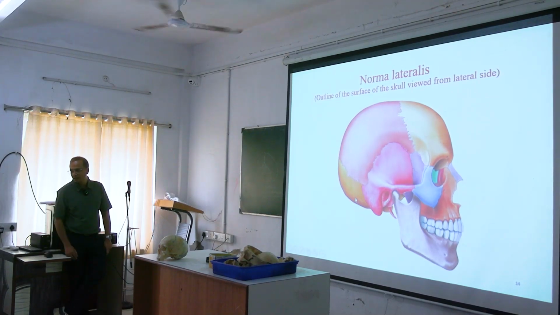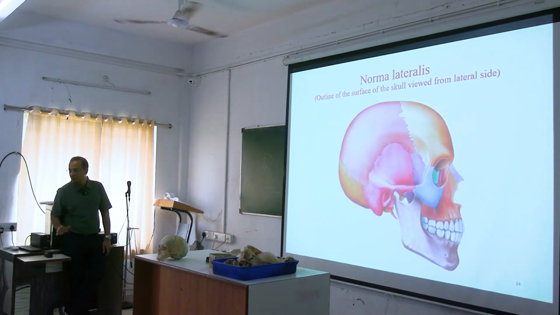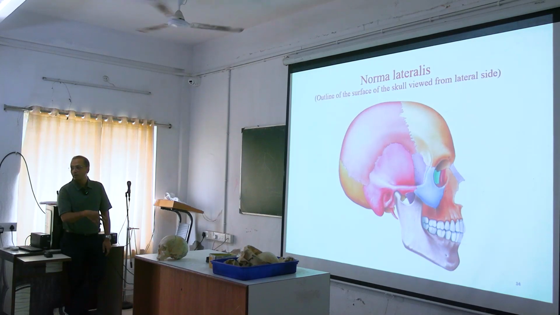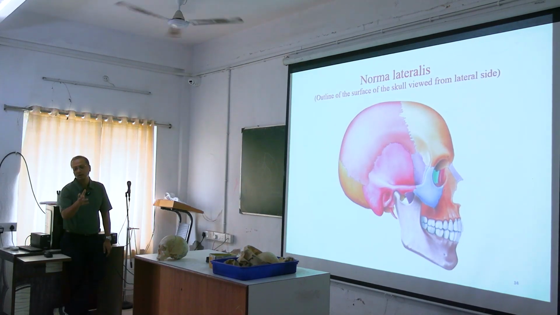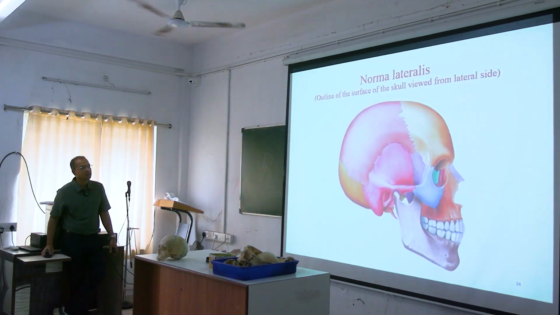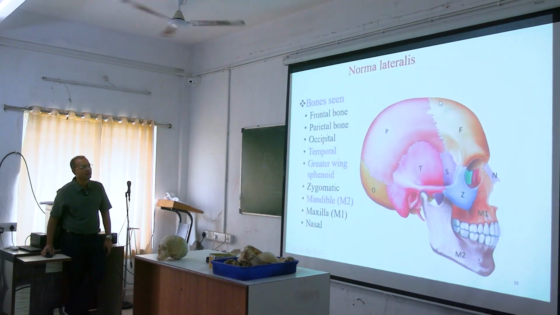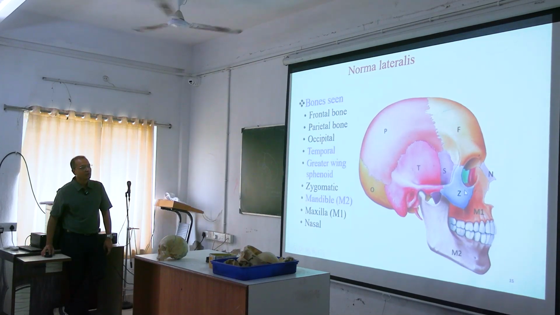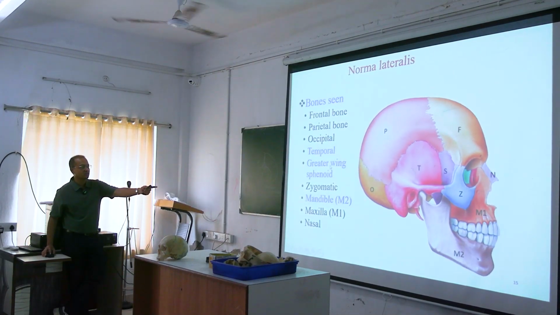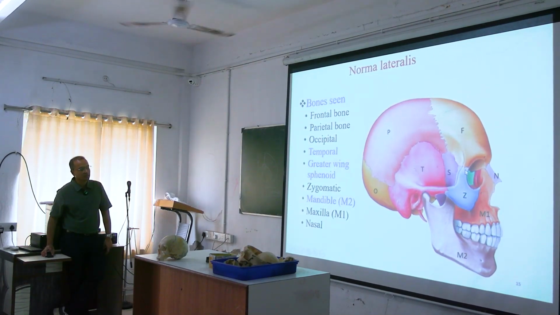Which view? Lateral view, Norma Lateralis, right. This suture we call the coronal suture. Along with that, we have the greater wing of the sphenoid, which is deeply placed, meeting at this particular point.